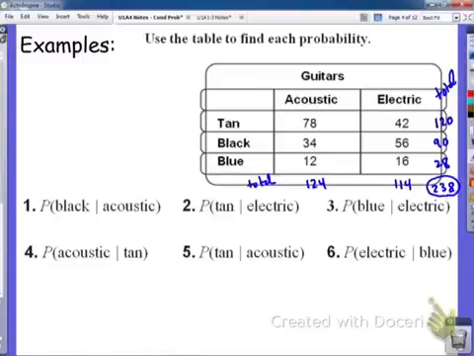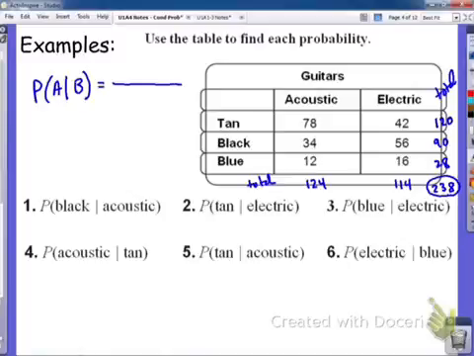Now, in number one, we're going to calculate this out. And in my previous slide, I didn't give you the formula, so I want to give that formula to you now. This is the formula for finding the probability of A given B. The formula goes like this.